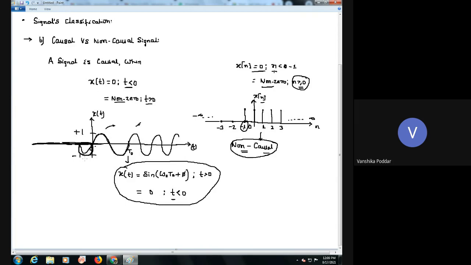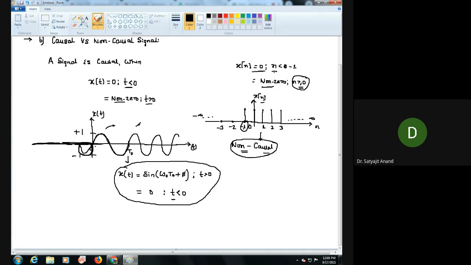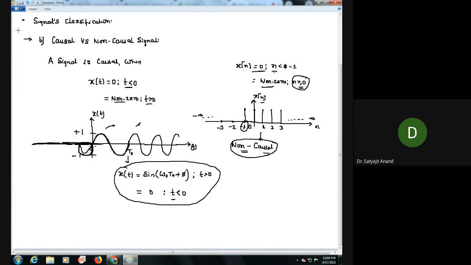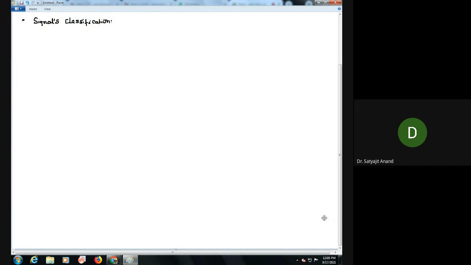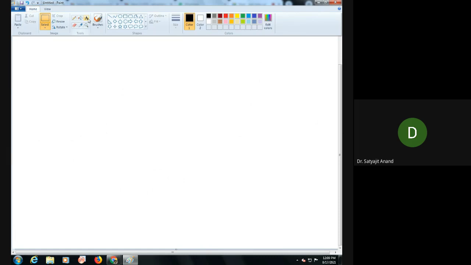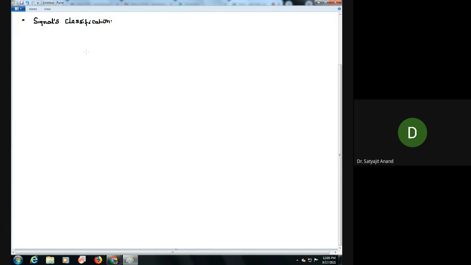It's clear. Perfect. And next, the third classification that I may consider here, which is very, very important, and many times questions were asked in the GATE examination related to it: symmetric versus non-symmetric signal.